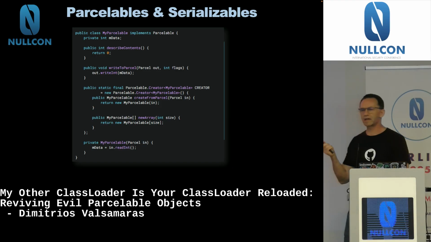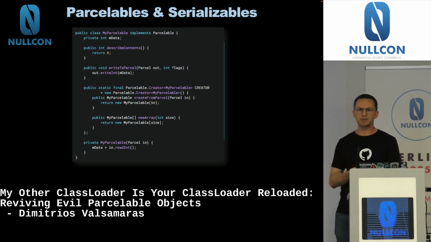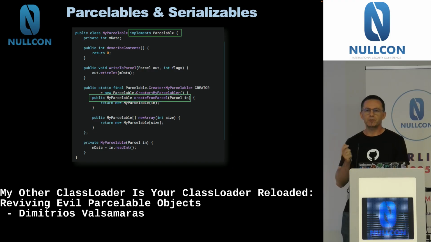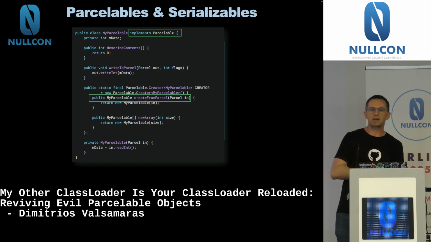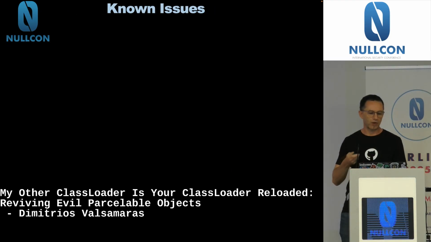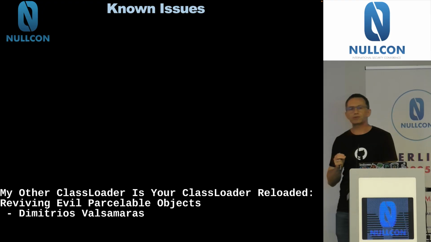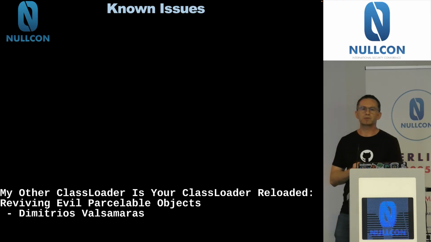So Android uses parcelables besides serializables for these reasons, and classes that are parcelables must implement the Parcelable interface, as well as the CREATOR.createFromParcel method for the serialization. This is actually a way to identify when a class is parcelable, so we can create objects that we can send from one app to another. All right, so some common issues, some known issues basically when it comes to serialization and parcels.